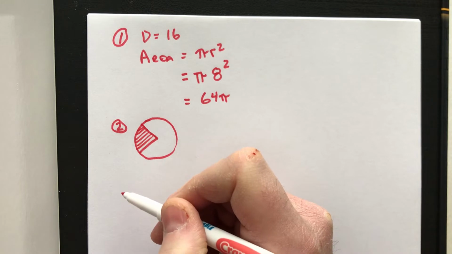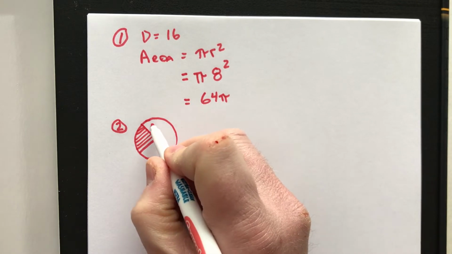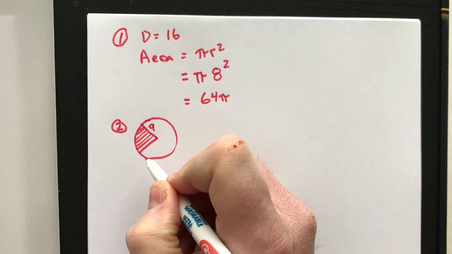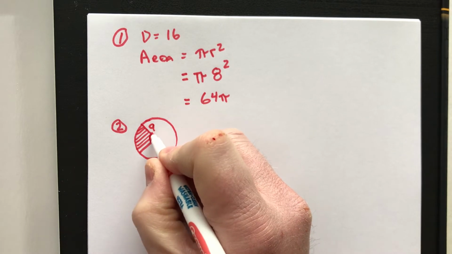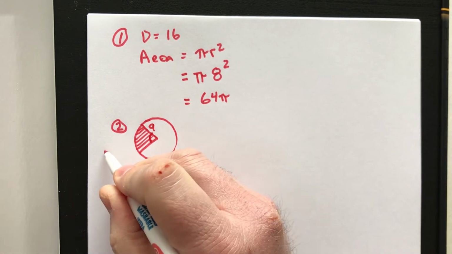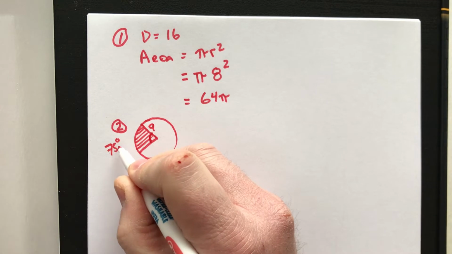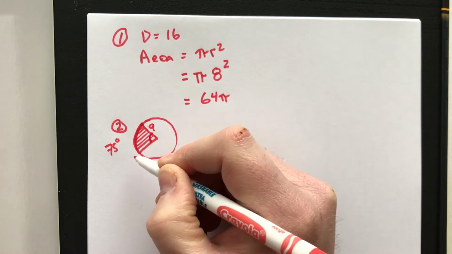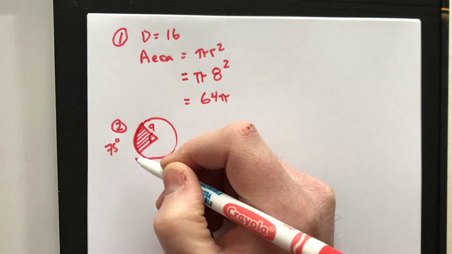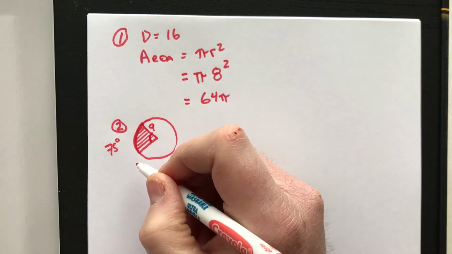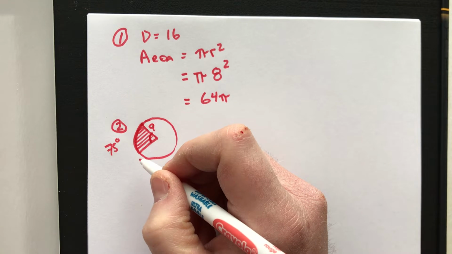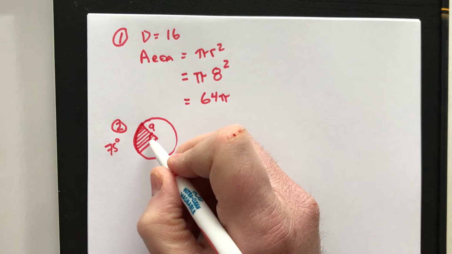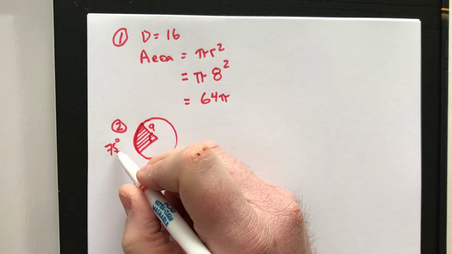They tell us that the radius is 9, and this central angle is 75 degrees, which means this arc is 75 degrees. So we actually have enough information here to do this.